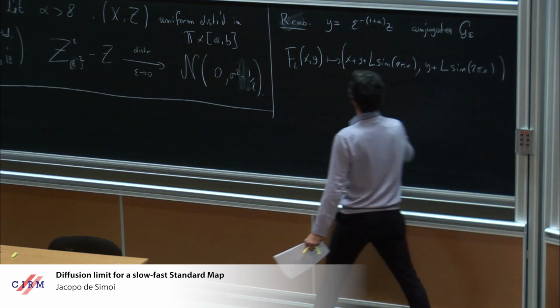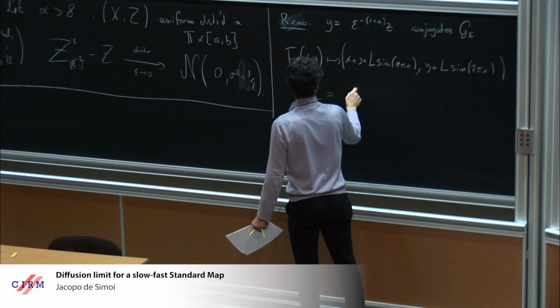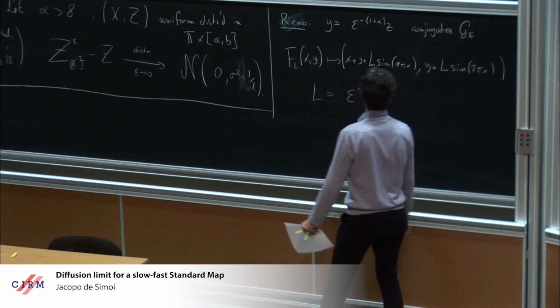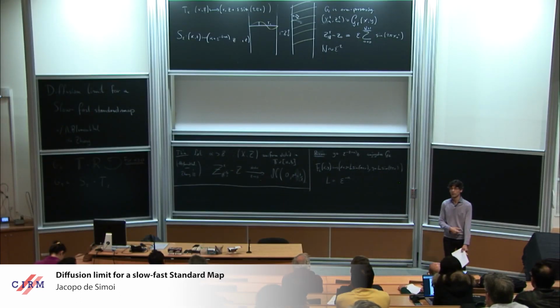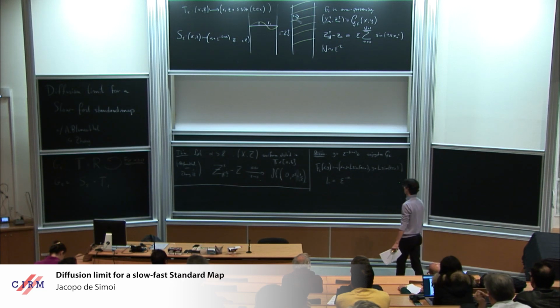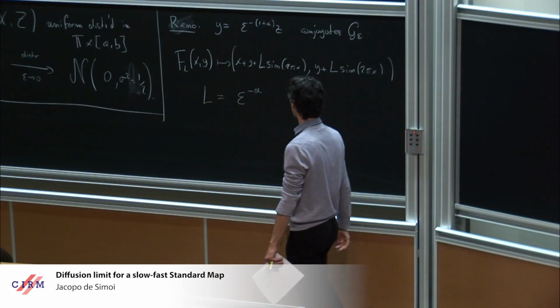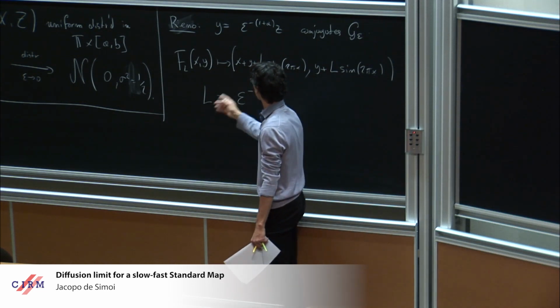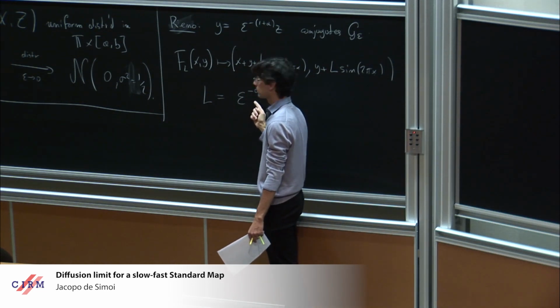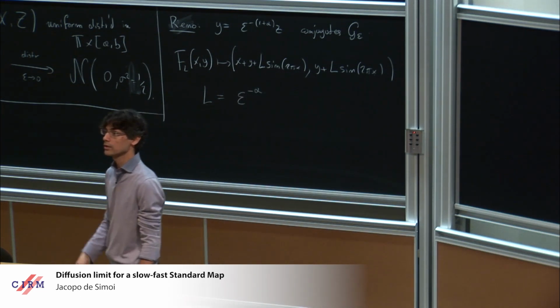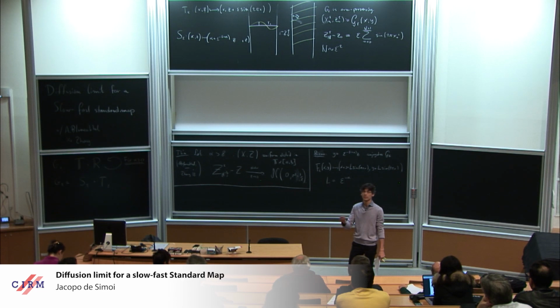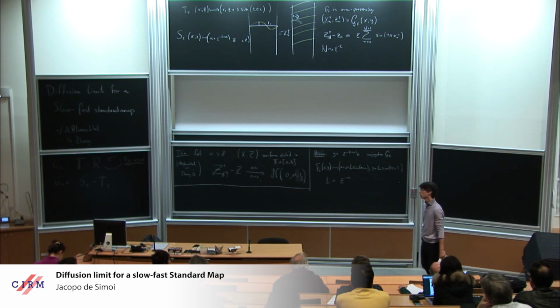And here L is equal to epsilon to the minus alpha. So this is a standard map of parameter L, which is a very well-known area-preserving analytic symplectomorphism of the two torus. And I'm having a parameter which is epsilon to the minus alpha, so a very large parameter. So we are in the regime which most people, myself included, believe should be somehow a diffusive regime.